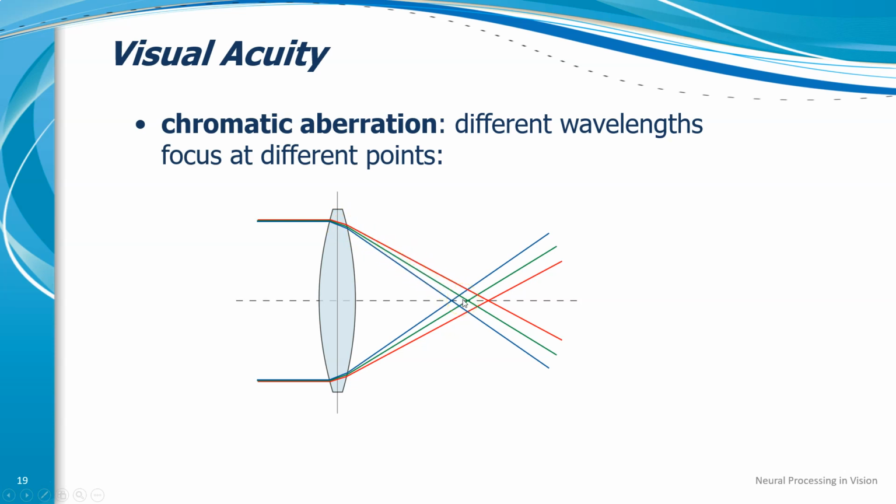Now, this is, of course, a tremendous exaggeration, but the different wavelengths would get focused in different spots. Again, what you're looking at is a white stimulus, but it's kind of being slowly pulled apart by your lens, which is supposed to be creating things in sharp focus. But again, there may be some chromatic aberration.